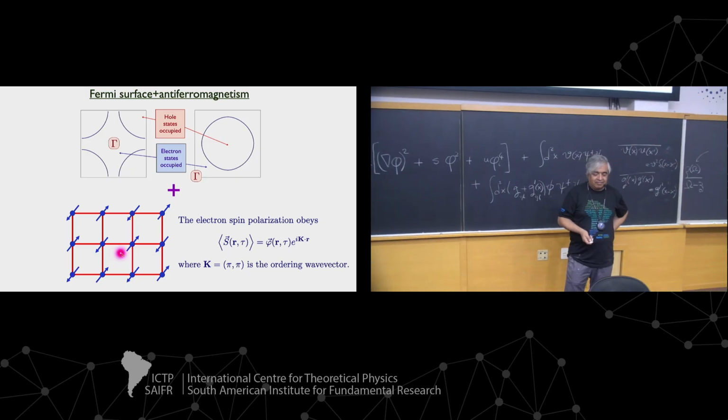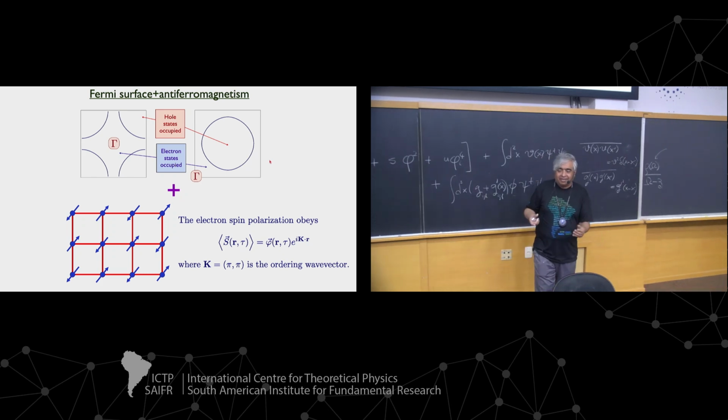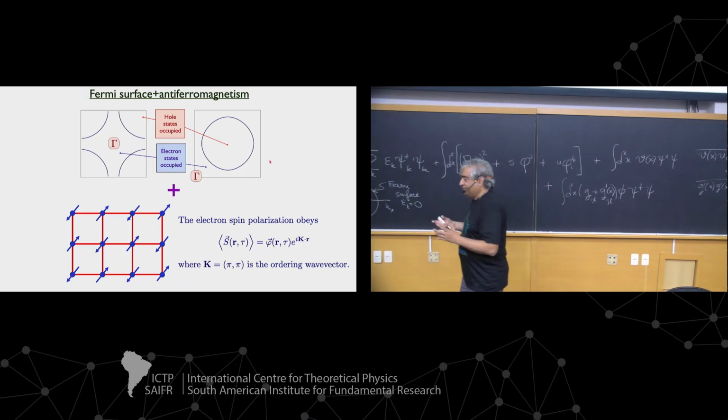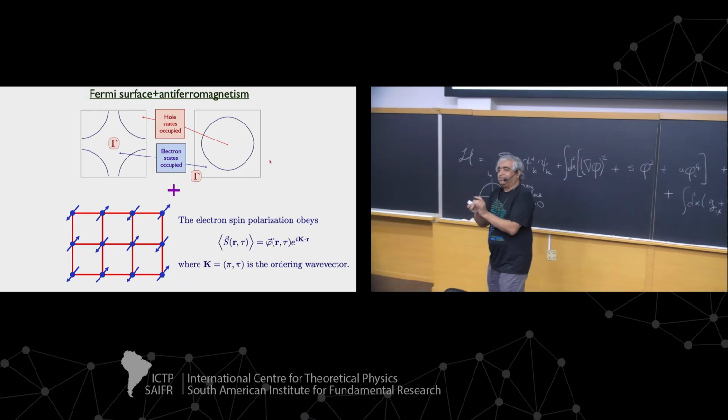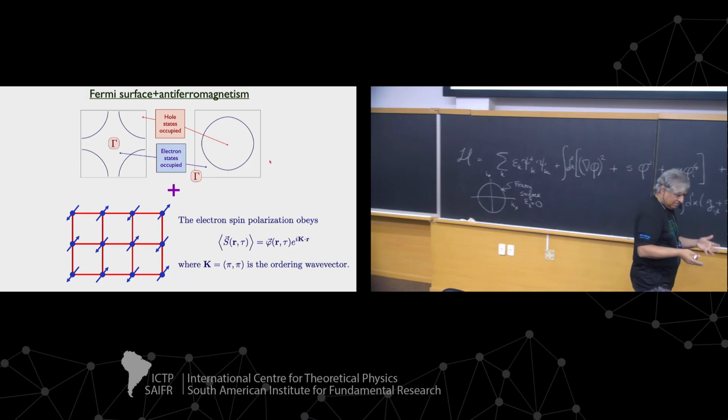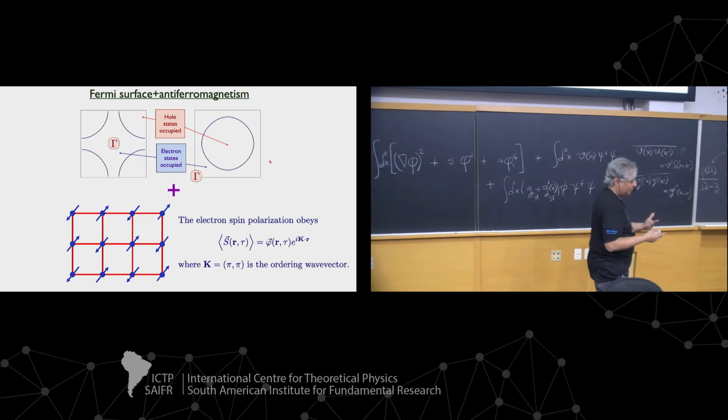Instead of having a zero energy point, we have a zero energy line or surface. So what happens? You're going to open up gaps. In graphene, we knew that once you put in this antiferromagnetism, a gap opened up. But since there was only one point where it was gapless, once you open a gap at that point, it's an insulator. But here, this field is going to condense and it's going to open a gap.